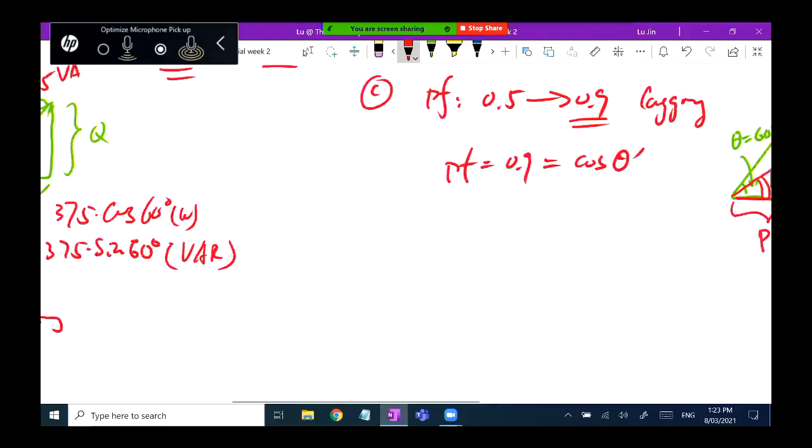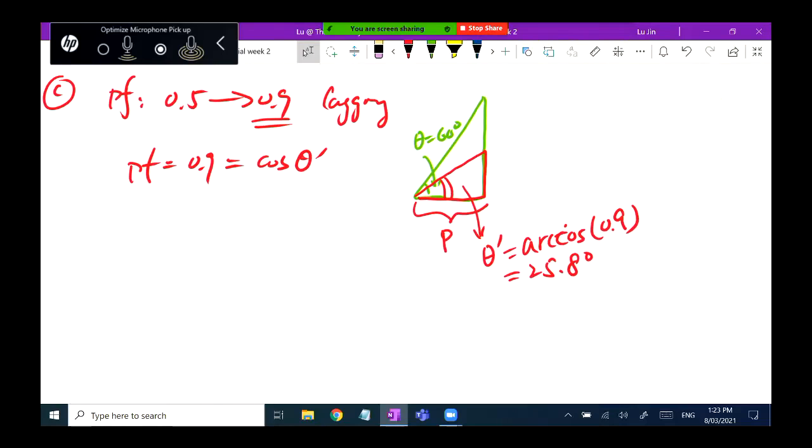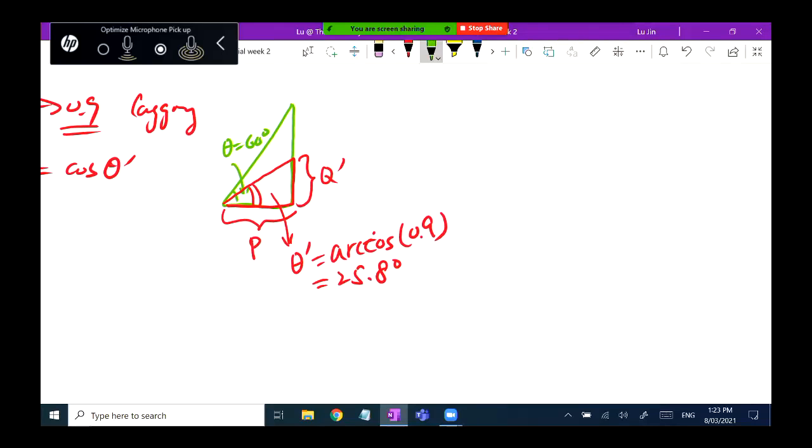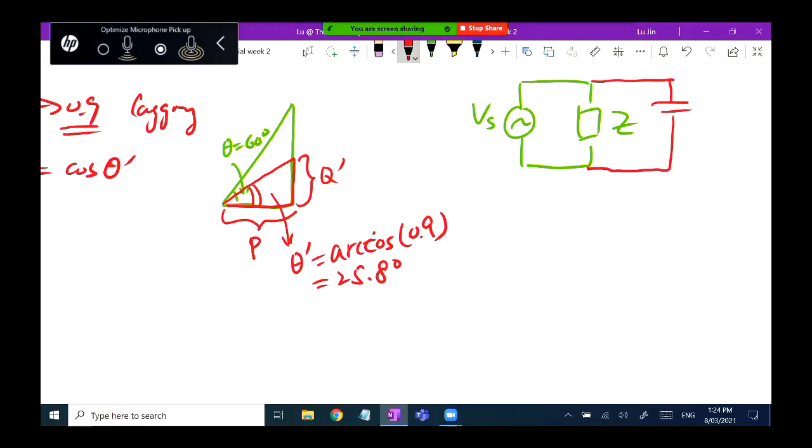So let's go back to this triangle. Regarding this red power triangle, this is Q prime. What is Q prime? Our original circuit diagram is like this: a voltage supply giving power to the original load Z. But because we want to correct the power factor, we are adding a small capacitor, C for example, in parallel with the original load.